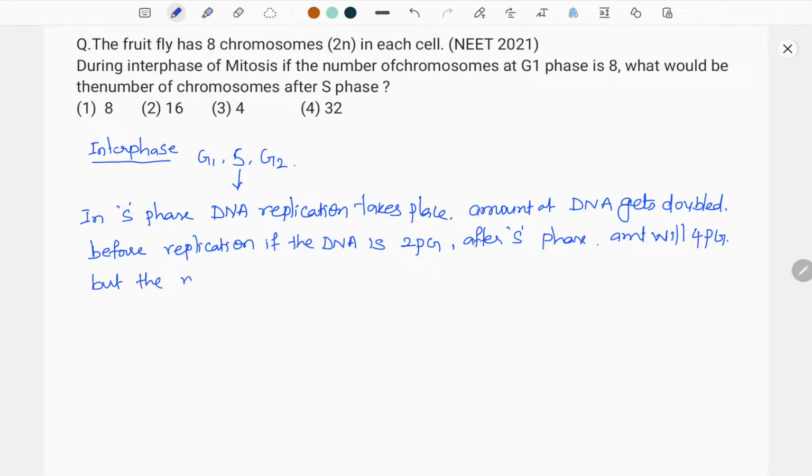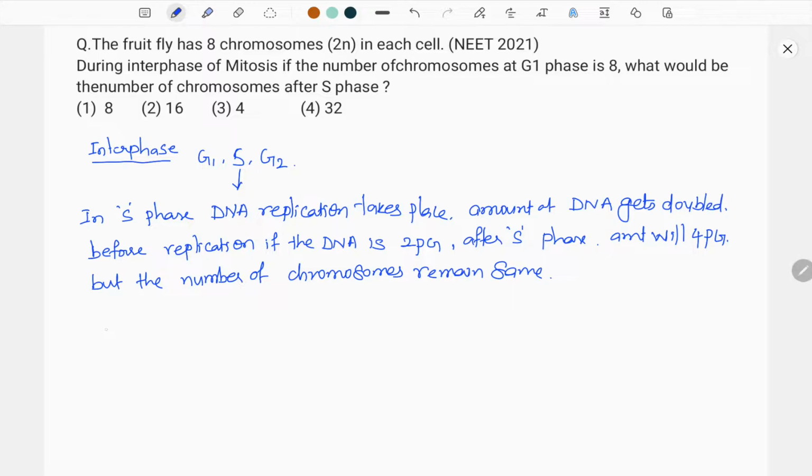The number of chromosomes remains the same. So the number of chromosomes remains the same in G1, S and G2. But inside the chromosomes, the amount of DNA gets doubled.